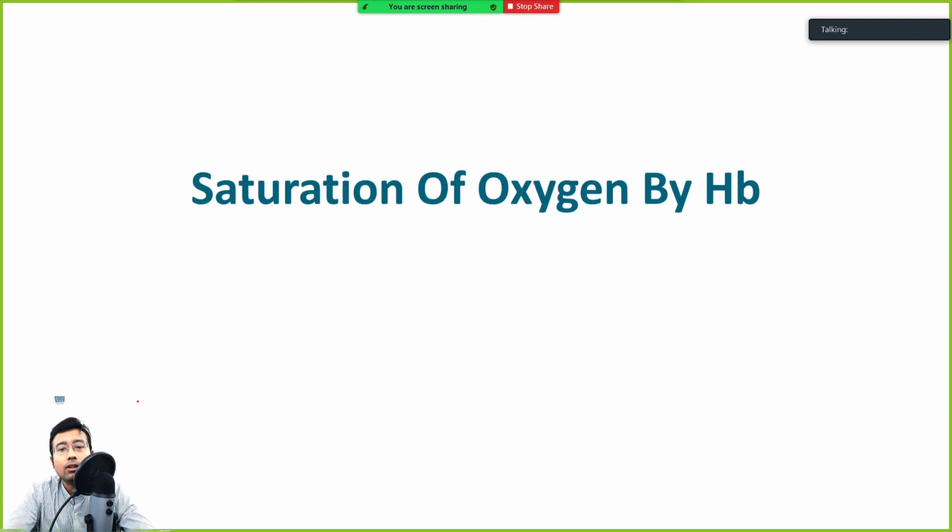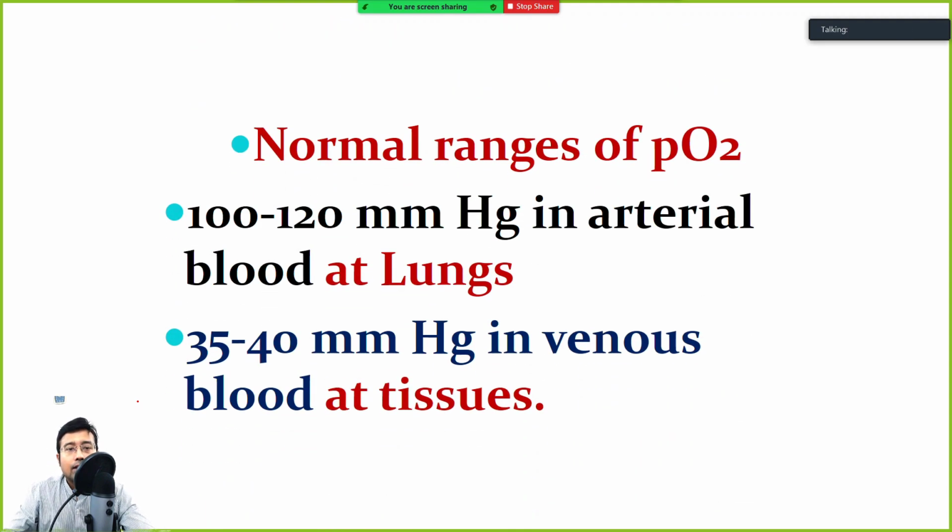I've told you this is the saturation at the lungs. So what is the partial pressure of oxygen after it has delivered, at the venous end? Venous blood is what the tissue drains. So arteries supply and veins drain.